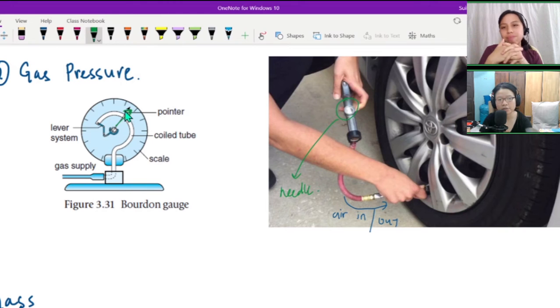So this is normally your pressure reading. It really depends on which gas pressure Bourdon gauge you are given. So make sure you see between the two closest lines, that would be your smallest reading. Whatever picture they give you, you can learn to read that.